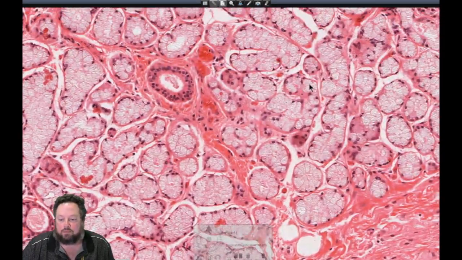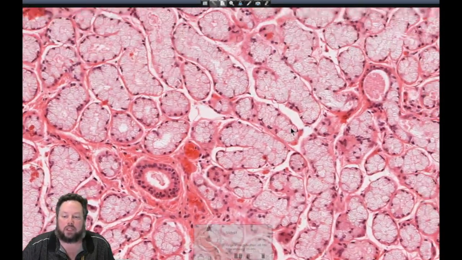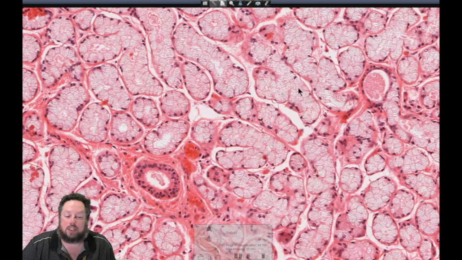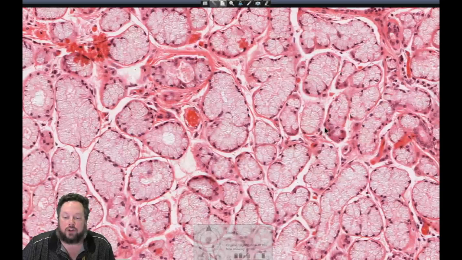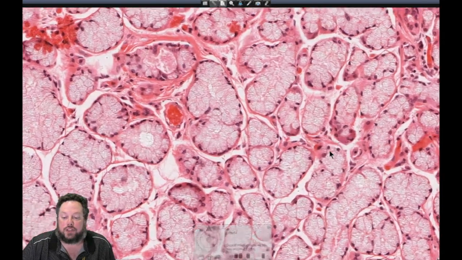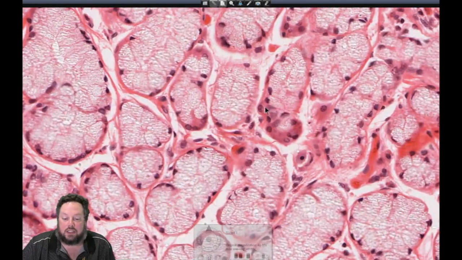They're not as obvious as we were looking at in the submandibular salivary gland. So sometimes you need to do a little bit of searching around to identify them, like here, these little caps of serous cells on the surface, these round nuclei, which is typical of the serous components. And here we can see a couple over here as well.